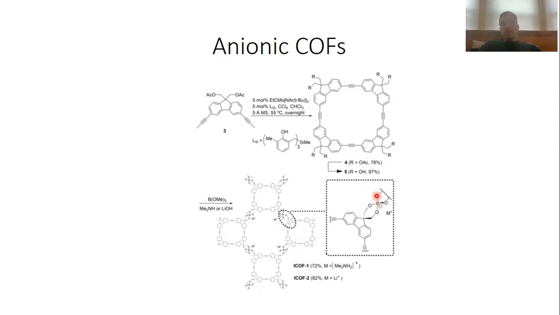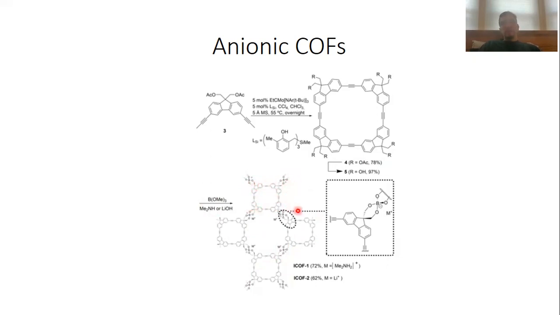Okay, so that tetrahedral edge here and that tetrahedral edge stand perpendicular to each other, so that you're actually forming a three-dimensional anionic framework of boron-interconnected rigid organic macrocycles as shown here.